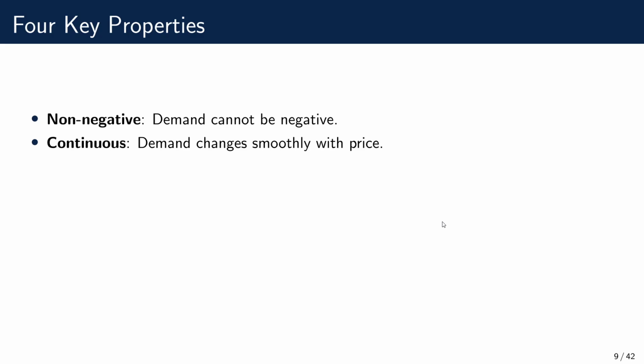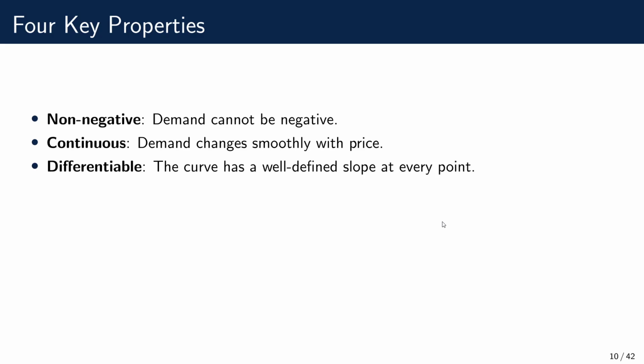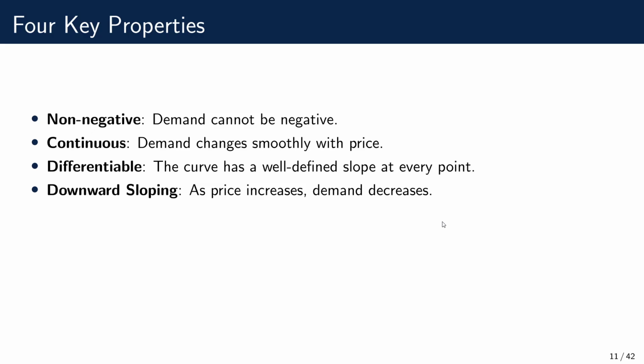It will also be differentiable, that is, the curve will have a well-defined slope at every point. And about the slope, it will be downward sloping. That is, as price increases, the demand will decrease.